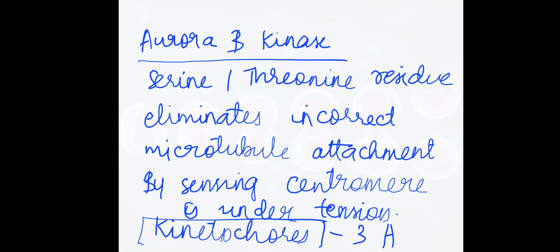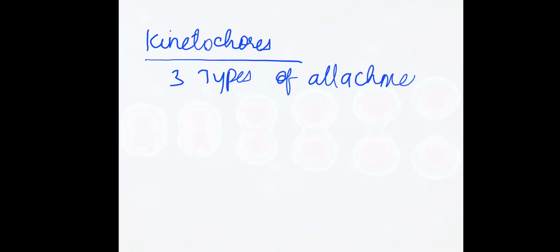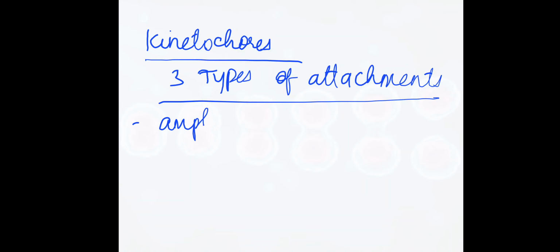Let us see them one by one. The kinetochore distinguishes between three types of attachment, so it determines which one is correct and which one is incorrect. The first one is amphitelic attachment.